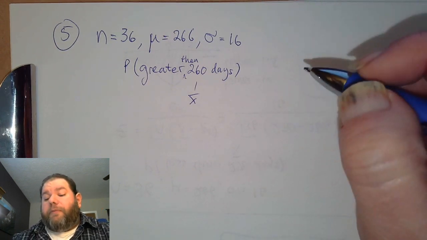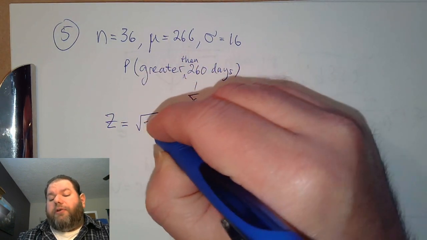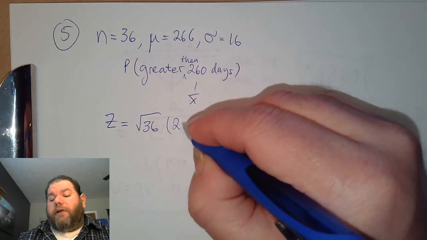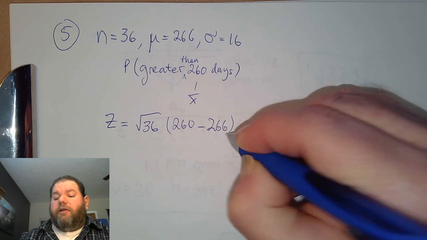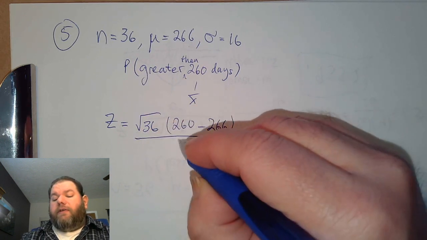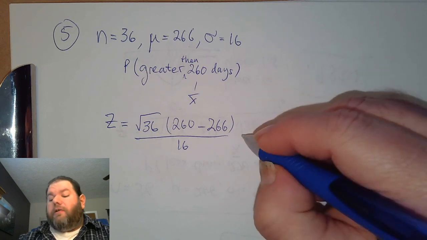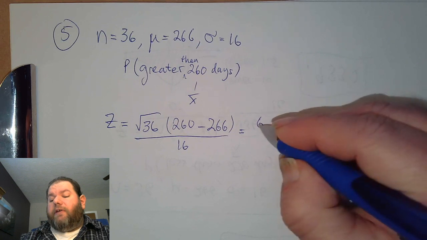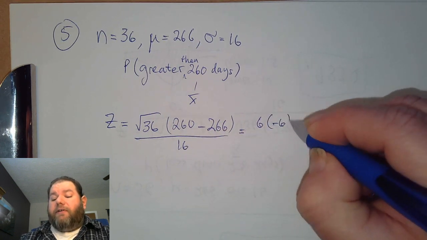Anyway, so we calculate our z-score. Square root of 36, and then 260 for x bar first. Mean is always second, subtracted. And 16 on the bottom for the standard deviation. So the square root of 36 is 6. 260 minus 266 is negative 6.